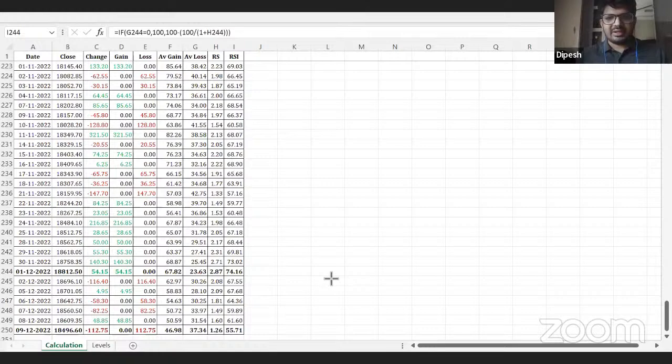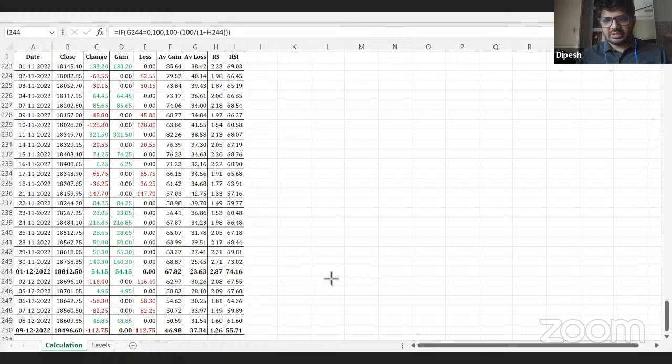It should ring in your mind that since the RSI is 50, our market is at equilibrium, and the average of gains is equal to the average of losses, and that is why the RSI level is 50.